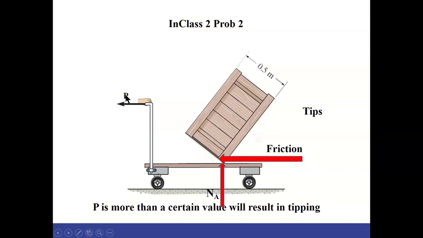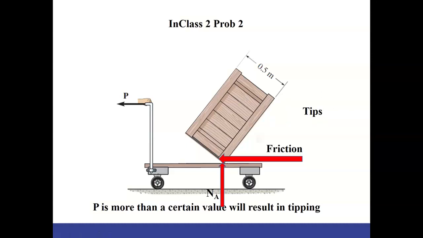So we need to calculate that force P. But remember this diagram. At the time when tipping is about to occur, the normal force reaches the corner of the crate along with the friction force meeting at that point. If you find this confusing, you studied this in statics in chapter 8, I think, for friction. So you can go back and look at the chapter 8 notes on tipping and slipping from statics.